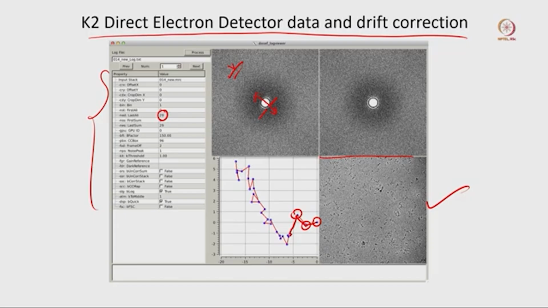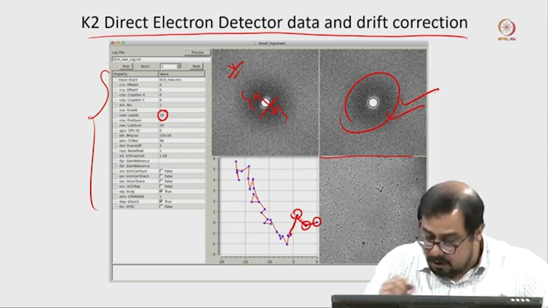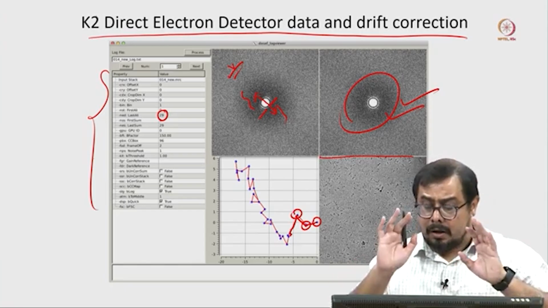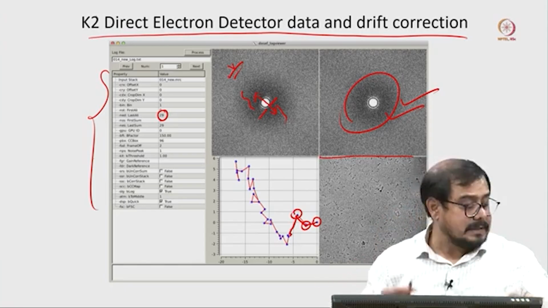After motion correction, you can see most of the Thon rings are recovered in the power spectrum, where some of the signals we were losing. Here we can figure out the power spectrum and all the signals very clearly; after motion correction, all the signals are recovered here.